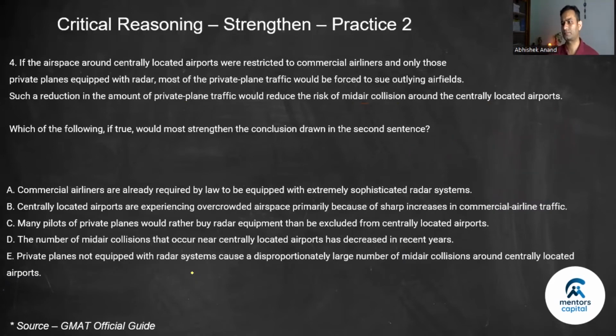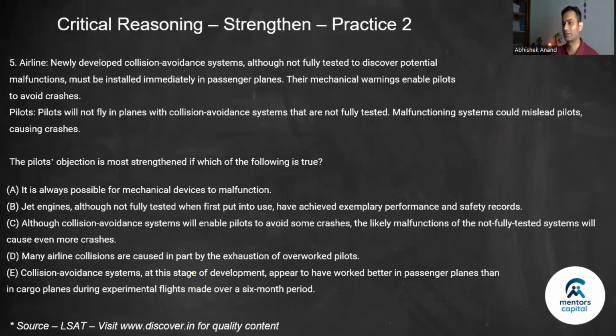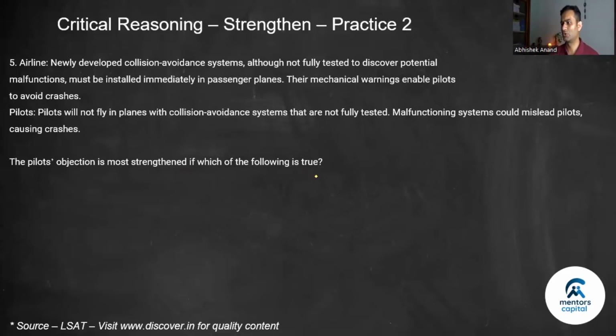Okay. Number 5. Airline, okay. The pilots' objection is most strengthened if which of the following is true? So, what is the objection? We will not use the new system. So the new system has some benefit.